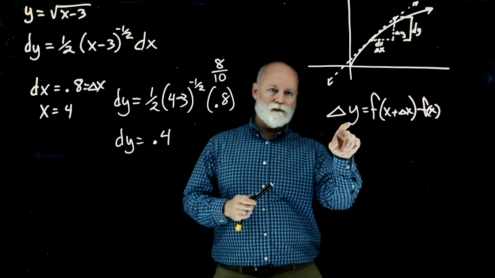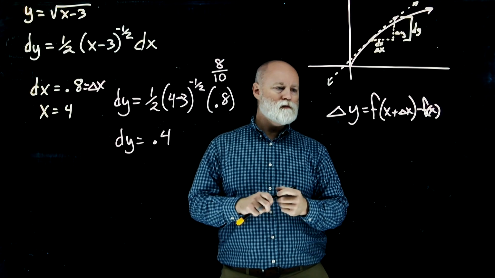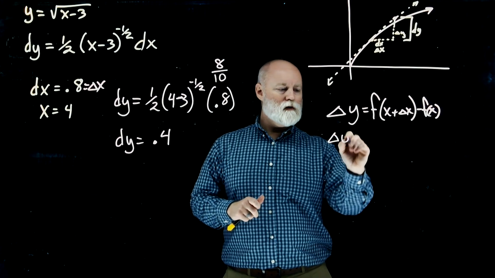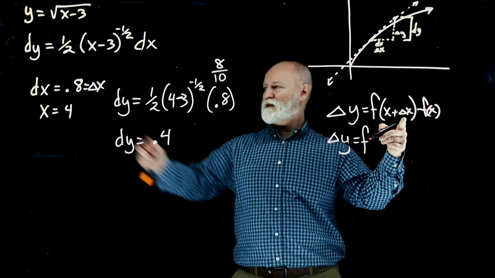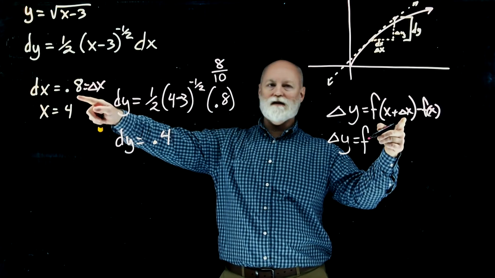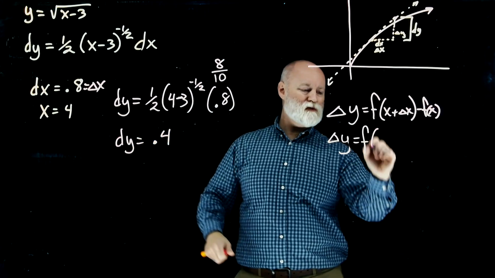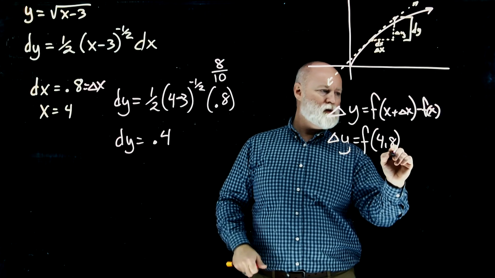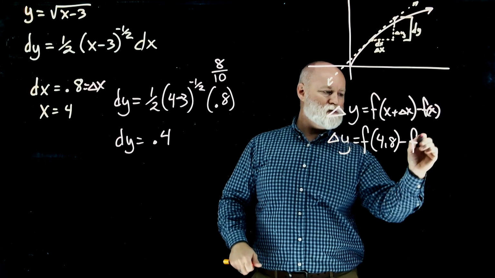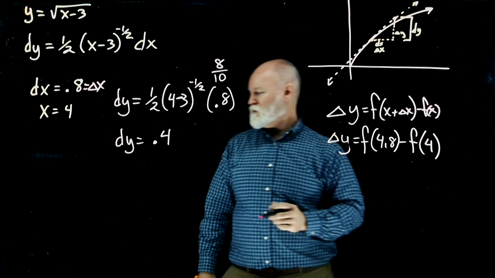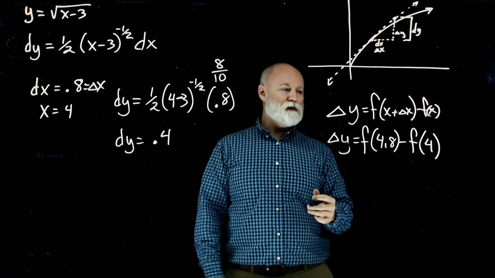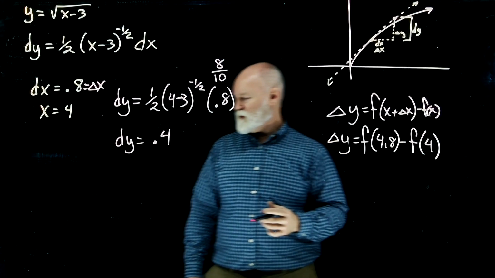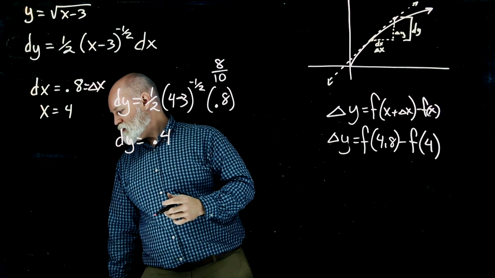Now let's go over here. With delta y, we're going to be doing f of x plus delta x, minus f of x. Well, x is 4 and delta x was 0.8, so we're actually doing 4.8 here, and then minus f of 4. That's a fun calculation to do, and it's not terribly difficult.